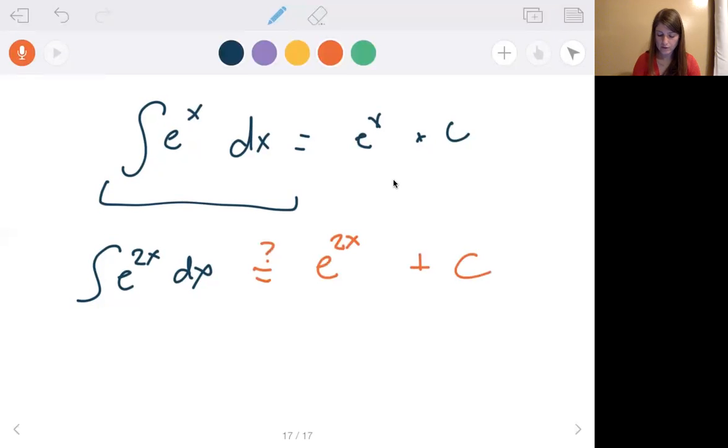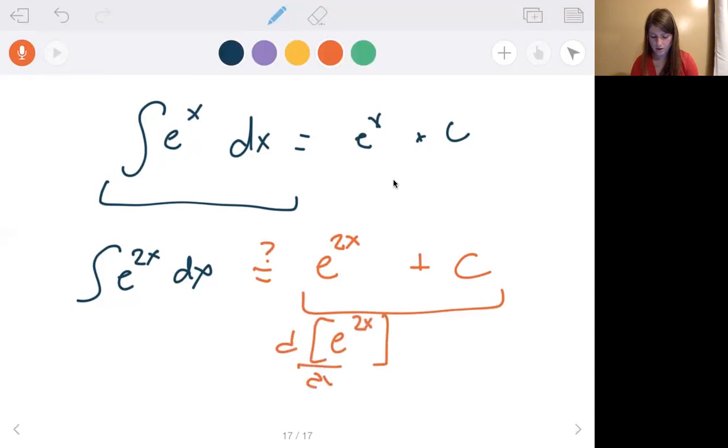Well, think about if you start and differentiate this guy. We know the derivative of our constant is going to be 0. But if we differentiate e to the 2x, we're going to get e to the 2x, e to the power, times the derivative of the 2x, the derivative of my n. So this gives me 2 e to the 2x. So notice what parts we got right.